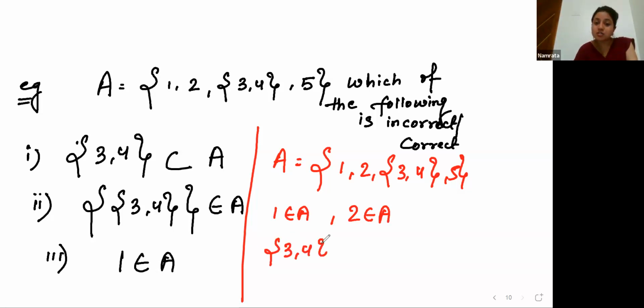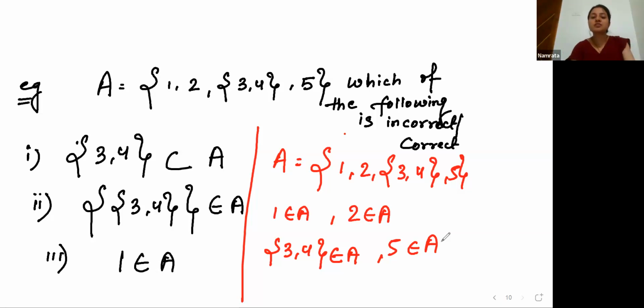This also belongs to set A, and 5 belongs to set A. These are the elements of set A. Now, if we have another set whose elements are exactly the same as elements of set A, then that set will be a subset of set A.